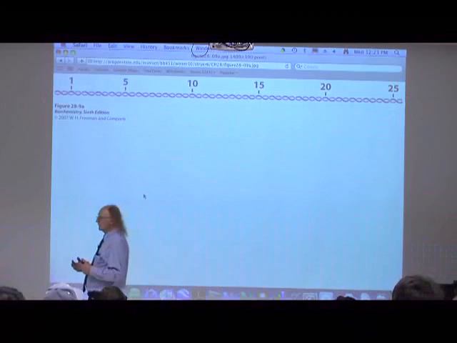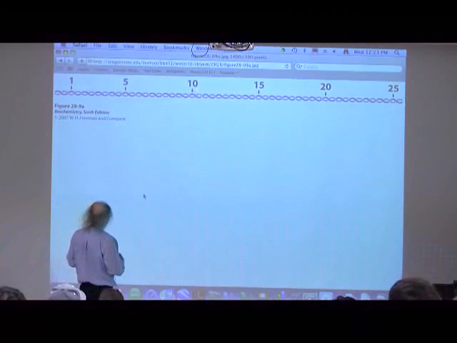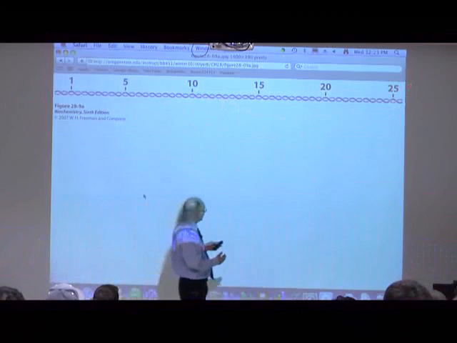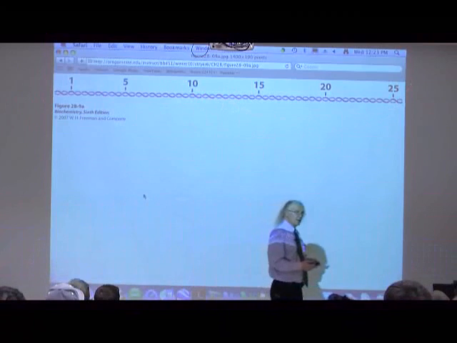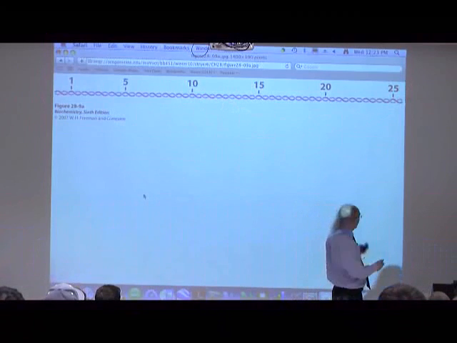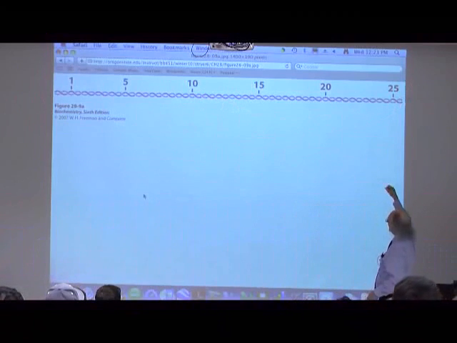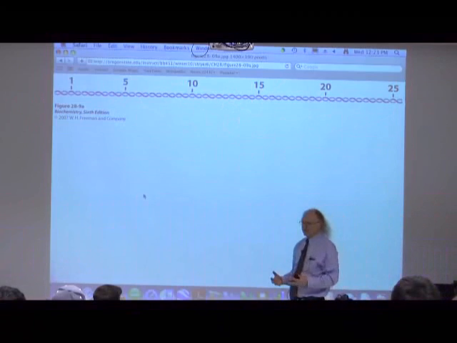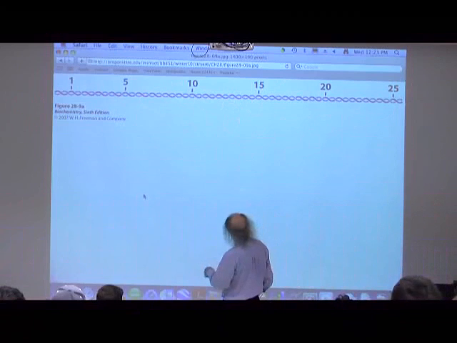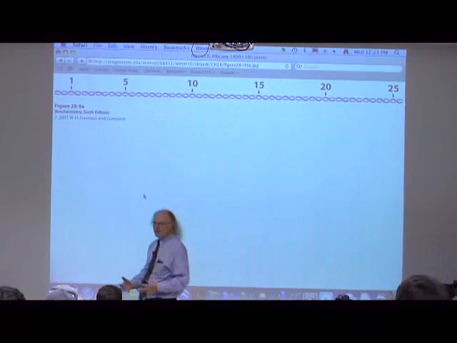For example, if I have a fairly short DNA, and I grab one end of it and untwist it a little bit, what's going to happen? Remember, when it's relaxed, this is the state it wants to be in.